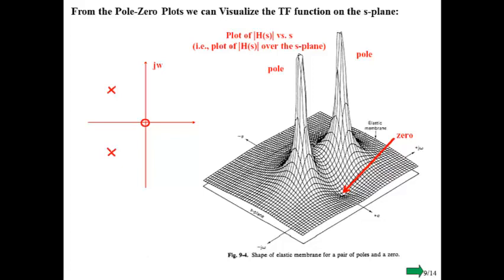What we can see, very similar to what we saw for discrete time, is poles pull the surface up to infinity. So that would be these things. Here's the j omega axis, here's the sigma axis, and then zeros tack it down to the ground. So I think they should have called them poles and stakes, but they call them poles and zeros.